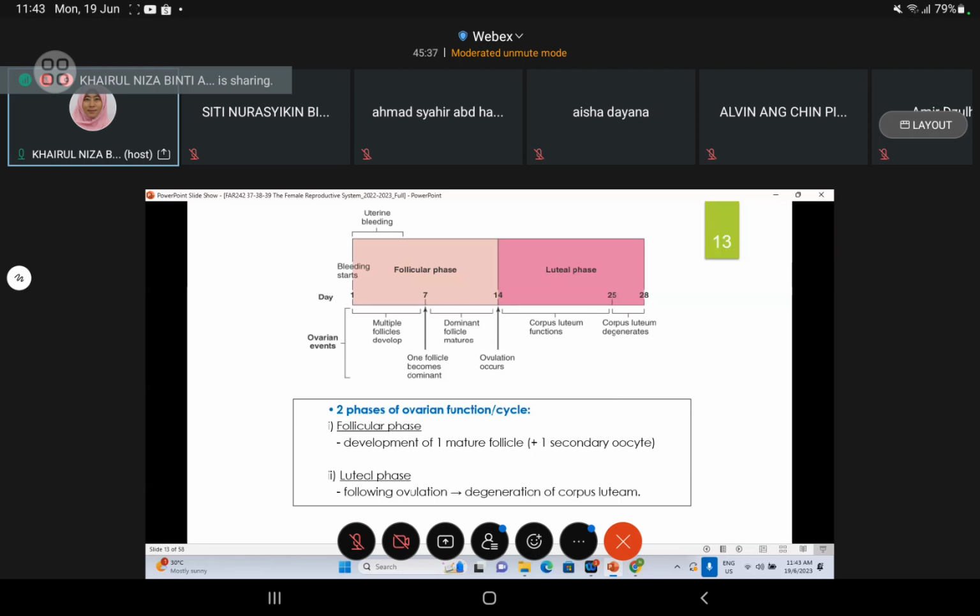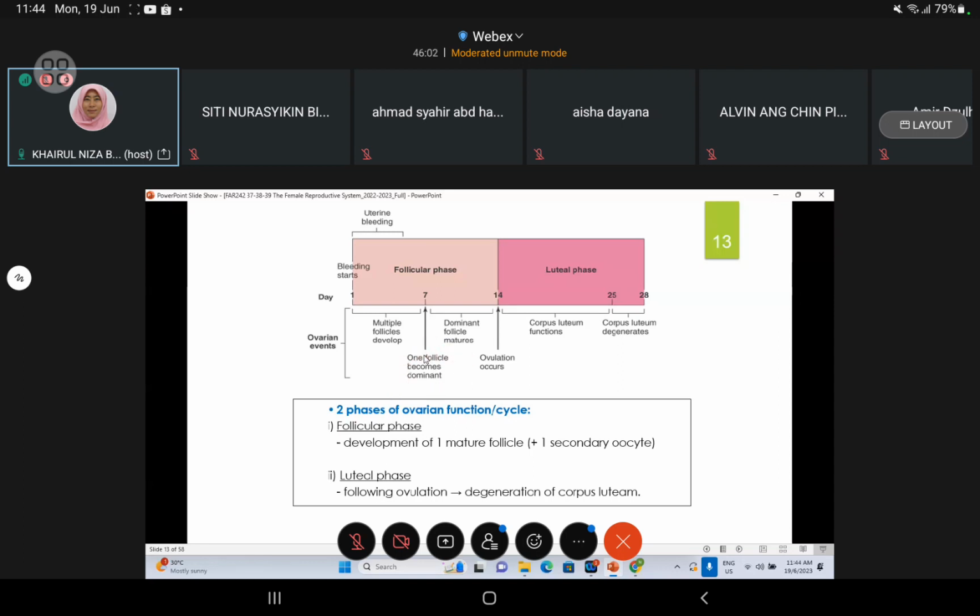Okay, so on day one, the follicle stimulating hormone acts upon the ovary so that the ovary will start to have multiple follicles being developed. Okay, but on day 7, one follicle becomes dominant.